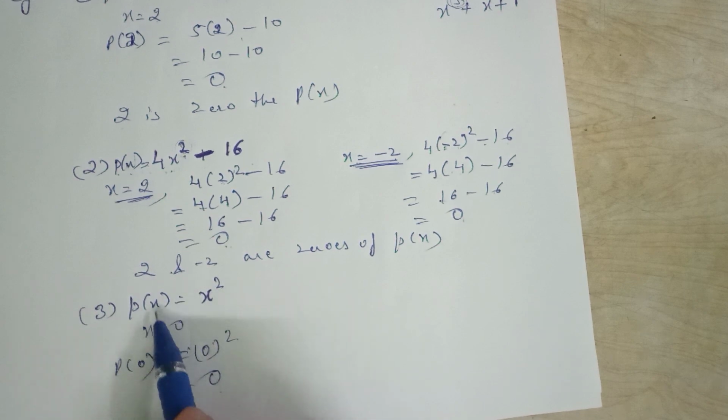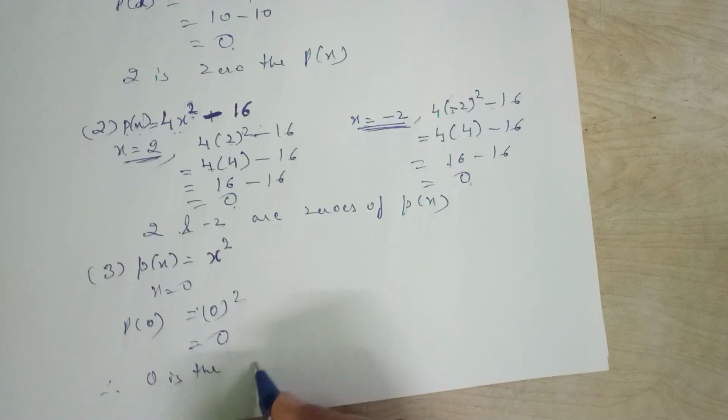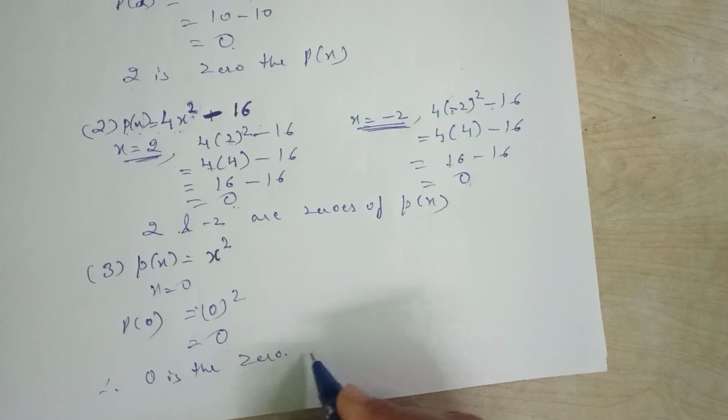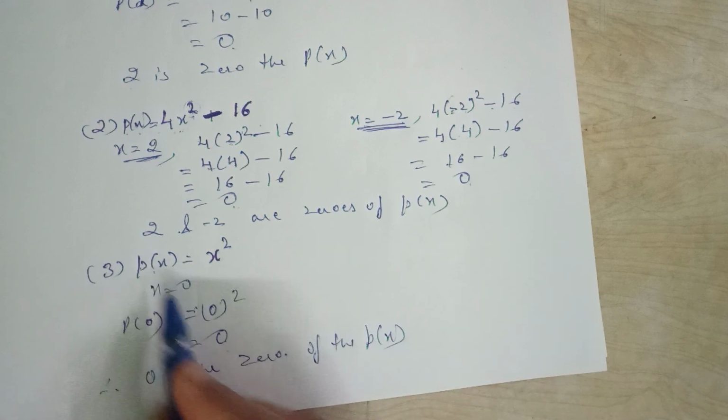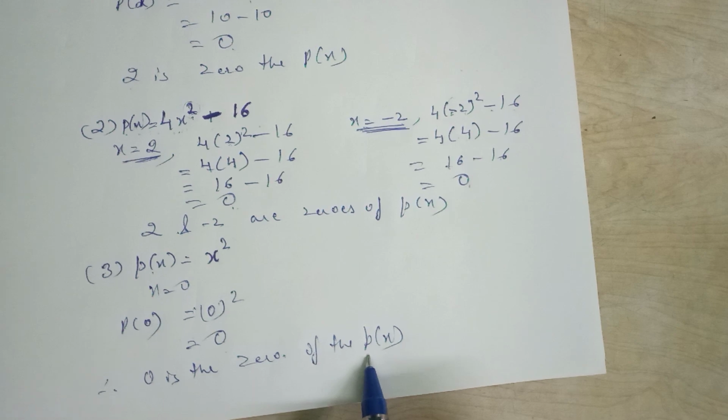So here the zero of the polynomial is 0. Why? Because on taking 0, the polynomial becomes 0. Therefore, 0 is the zero of the polynomial p(x). So this way we can find the zeros of a polynomial. Thank you.